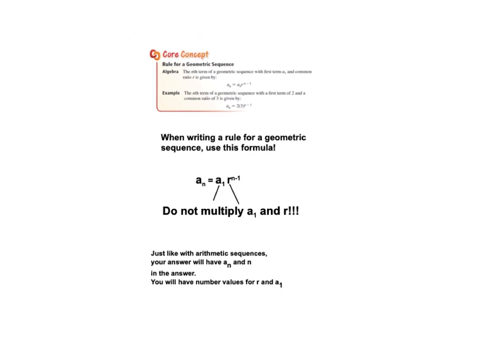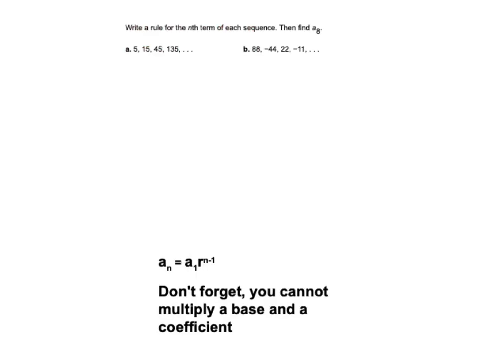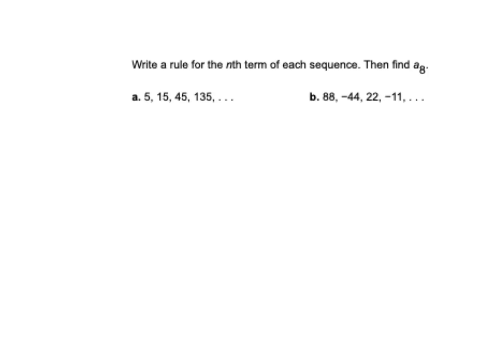Just like when we did arithmetic, you will have a sub n, and n will be part of your rule, and there will be a number value for a sub 1 and r. Let's look at a couple of these. First, we're going to write the rule. Our rule is a sub n equals a sub 1 times r to the n minus 1.